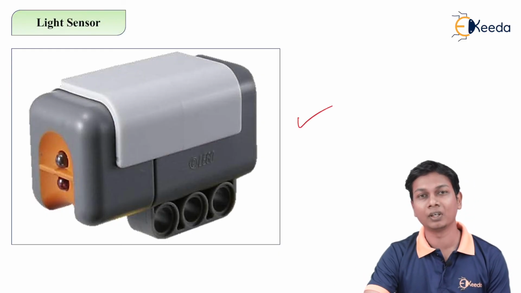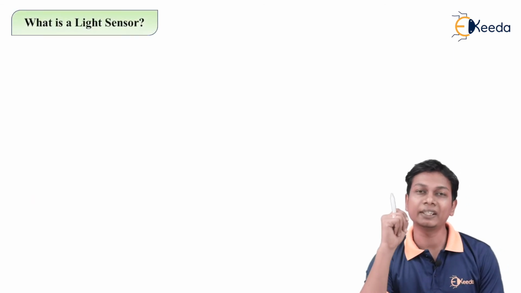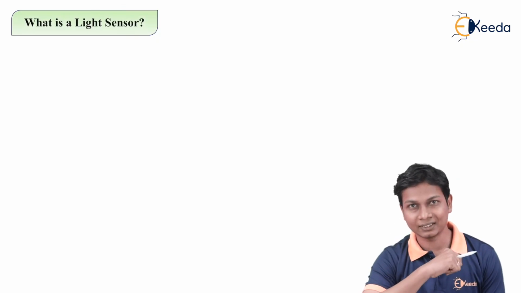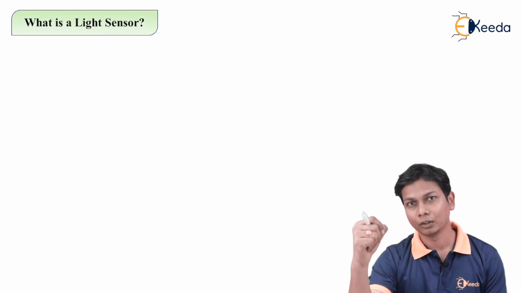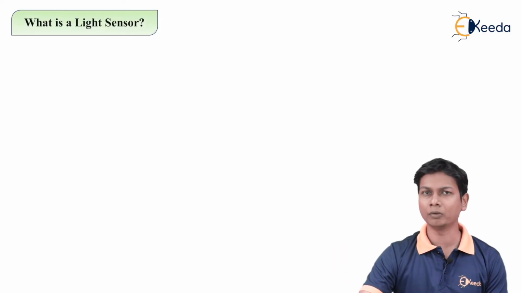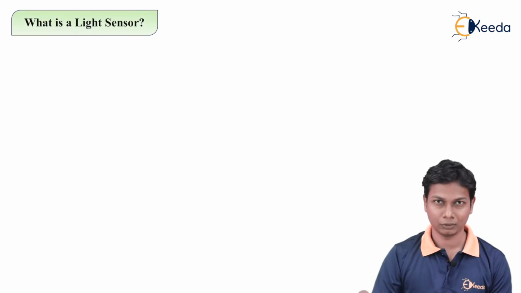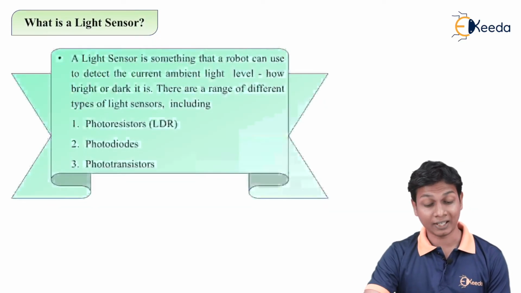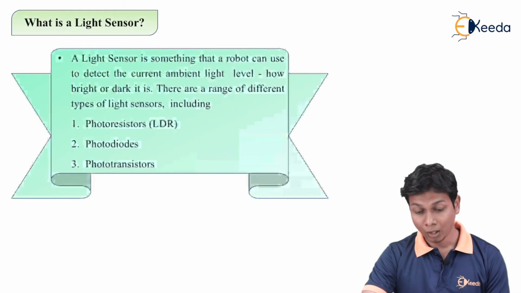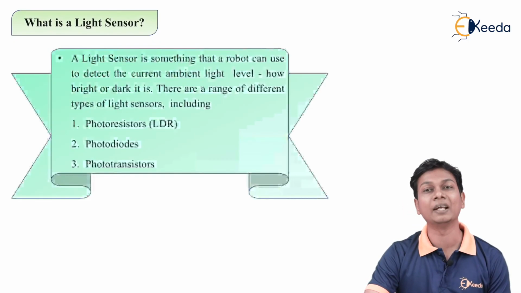Here is one of the types of light sensor. What is the light sensor, how is it working, what is the principle behind it, what are the applications? Now we will see one by one. The simple thing is that a light sensor is something a robot can use to detect the current ambient light level.